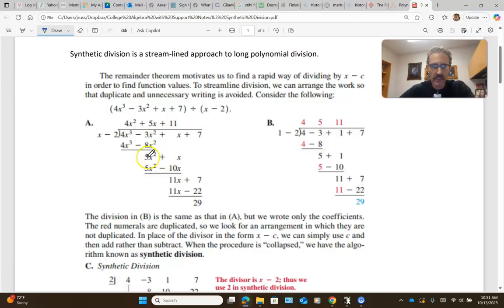So we're getting the same numbers that we had over here. And then you divide 1 into 5. That goes 5 times. And 5 times 1 is 5. 5 times negative 2 is negative 10. You subtract again, 5's cancel. 1 minus negative 10 is 11. Bring down your last term, divide one more time, you get 11, and you end up with 23.